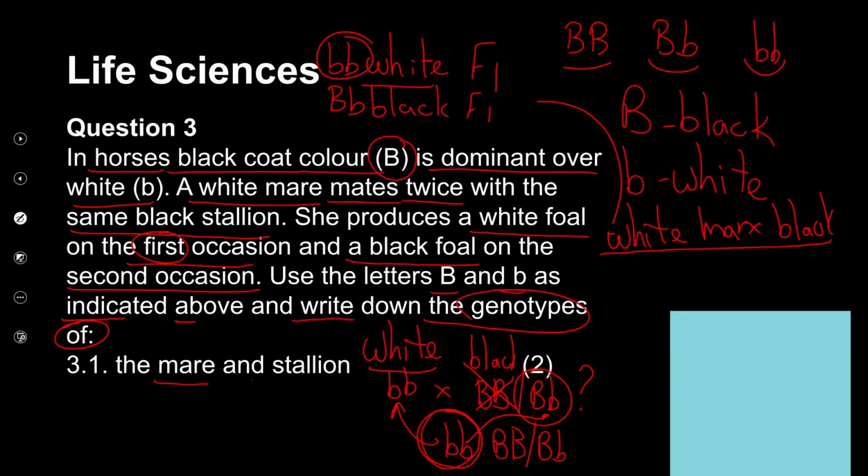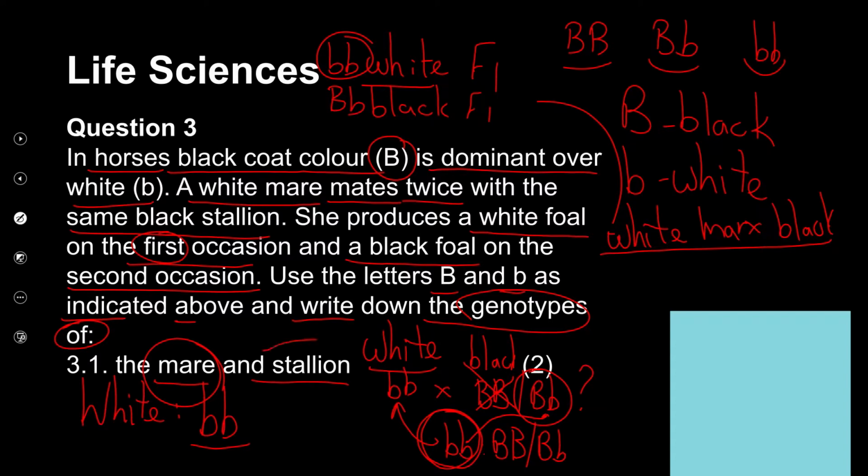The mare and the stallion. So guys, as we just worked out, the mare is the female, and she is, if I were to describe her physical characteristics, white, and white in this case can only be homozygous recessive, so small b, small b.